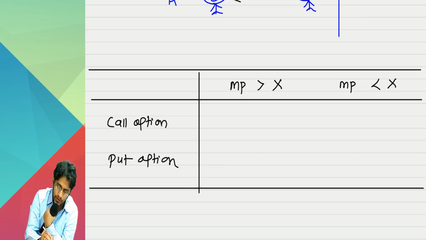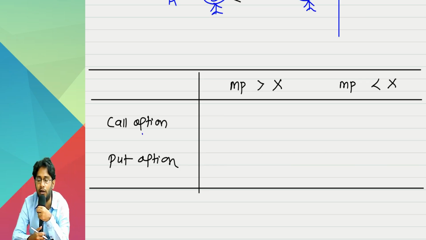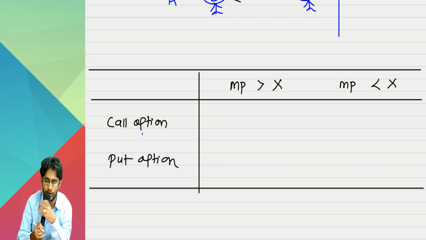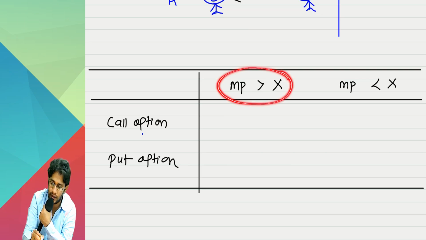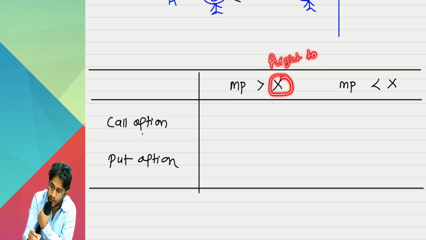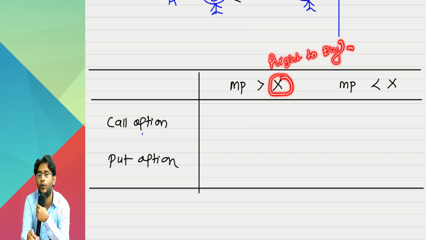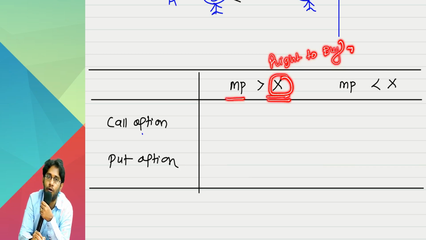Tell me, sir. Call option for the holder, what will it give? Right to buy at what price? Exercise price. Now, carefully understand. At this price, I have a right to buy. You will tell me whether I will actually buy under call option or not. I have a right to buy at strike price, but market price is more. So I have a right to buy at a lower price.